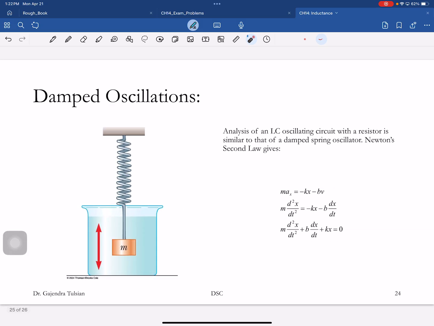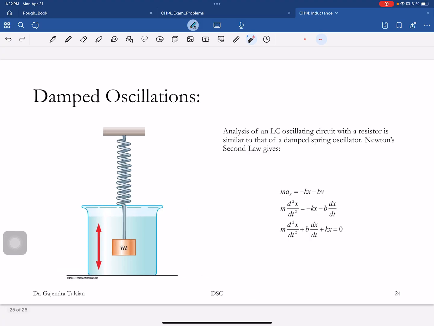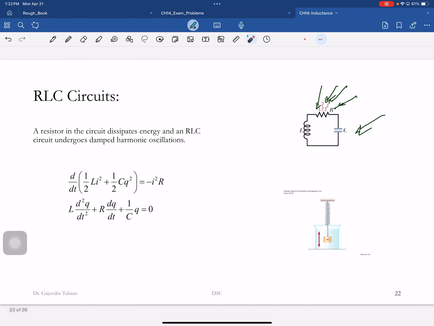In the spring case, if the friction is too large, you pull off the mass, and it won't even come back to its equilibrium point. So here is the differential equation with friction present, and this differential equation is very similar to that differential equation.